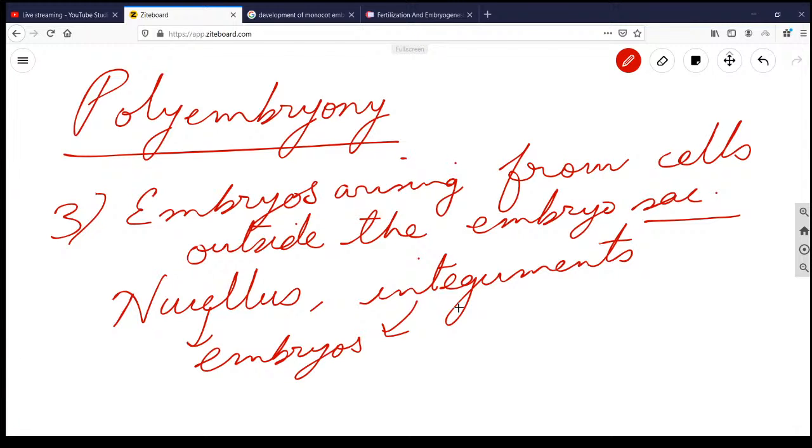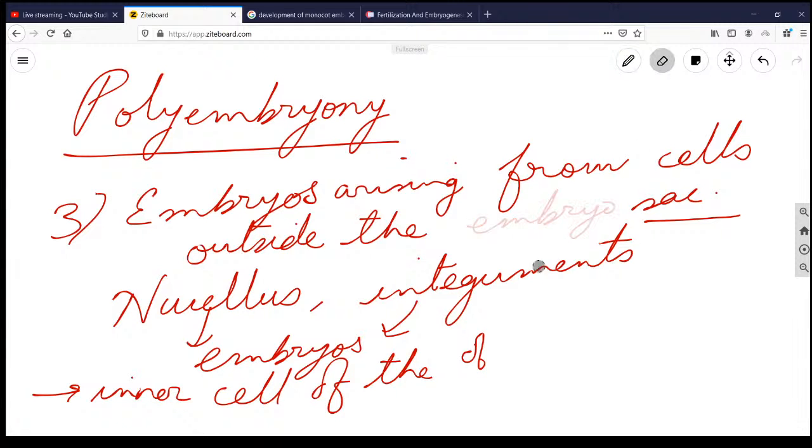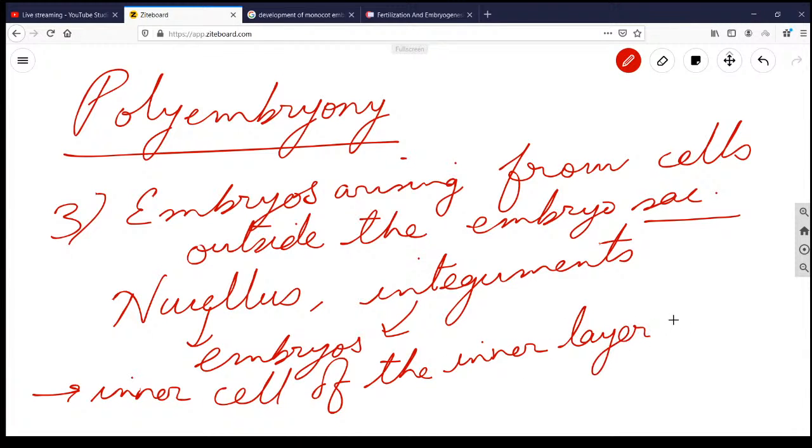The additional embryos have been reported to be developing from the inner cells of the inner layer of the integument. So that is the thing that I'm trying to convey.